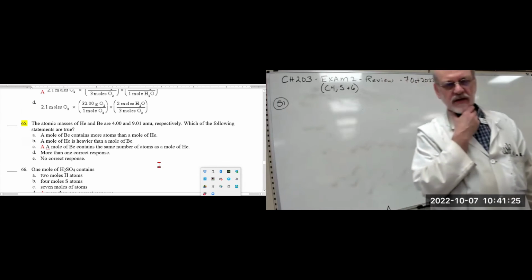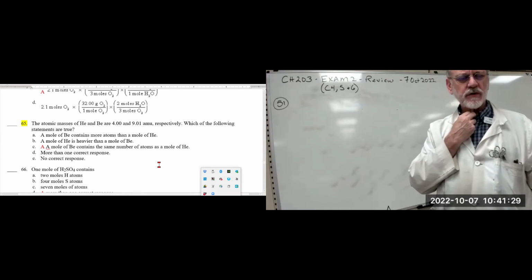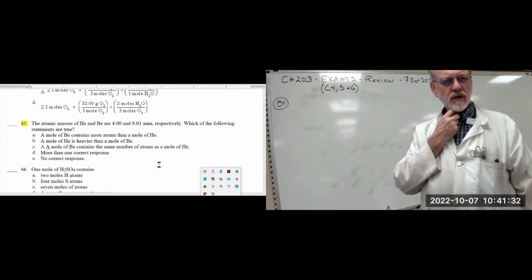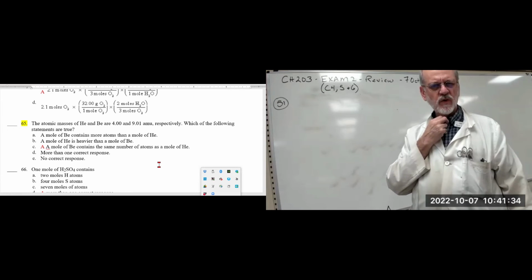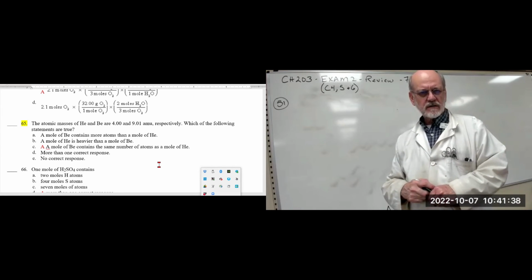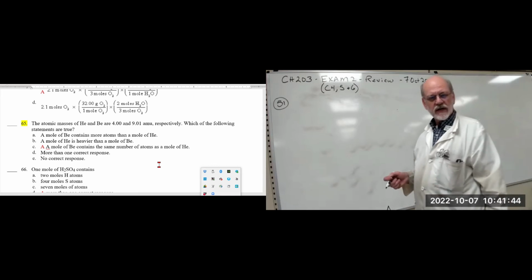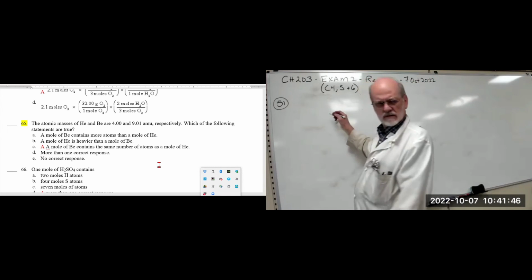But this one. The atomic masses of helium and beryllium are 4 and 9.01. Which of the following statements are true? A mole of beryllium contains more atoms than a mole of helium. Okay, looks like there are multiple comparisons here, so we'd have to look at each one.